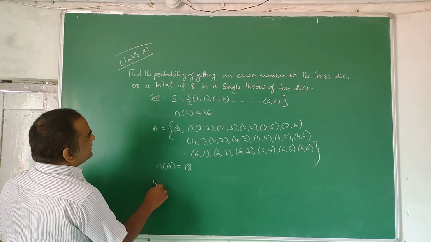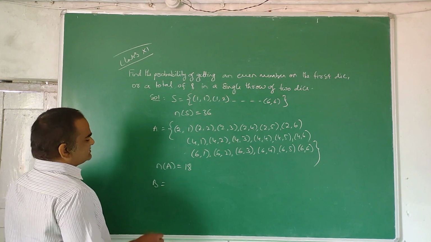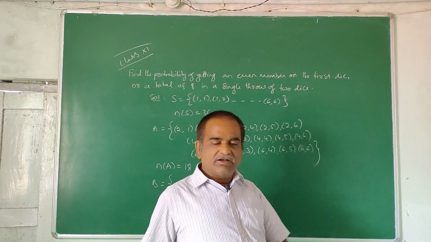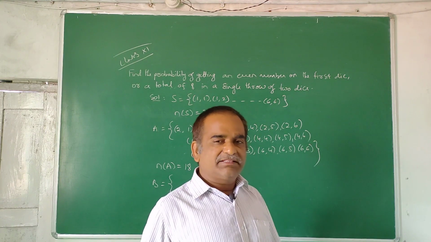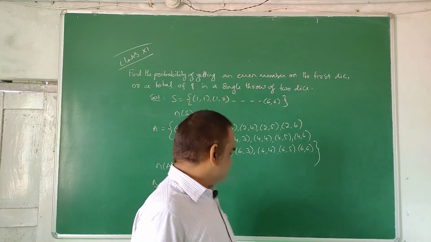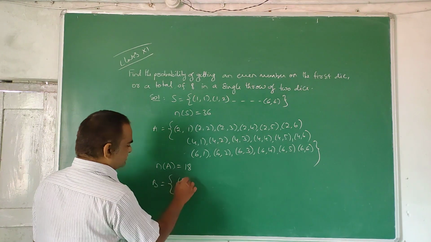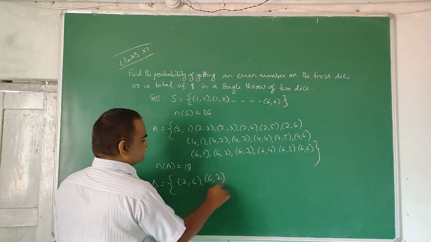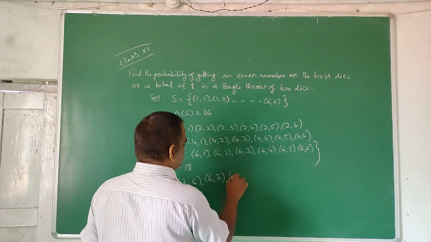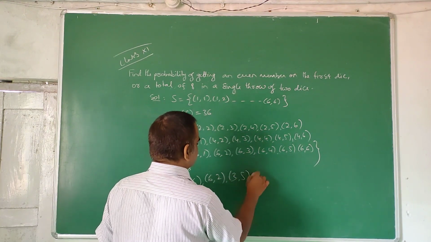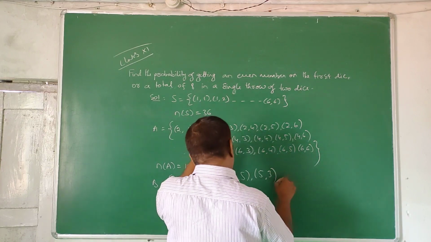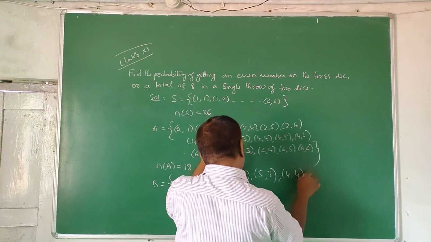Now what is B? The total must be 8. If you add the numbers on the two faces of the dice, you should get 8. So 2,6; 6,2; 3,5; 5,3; 4,4.